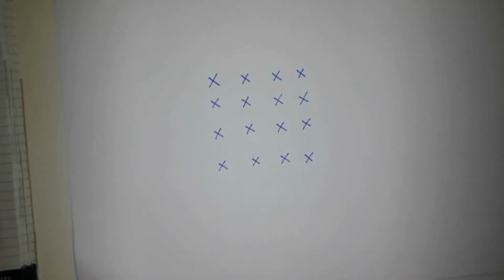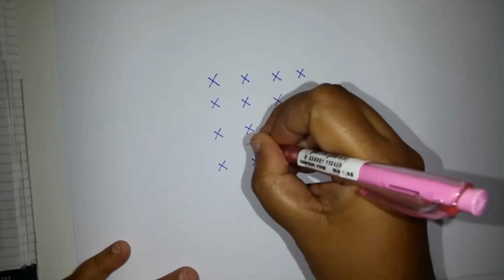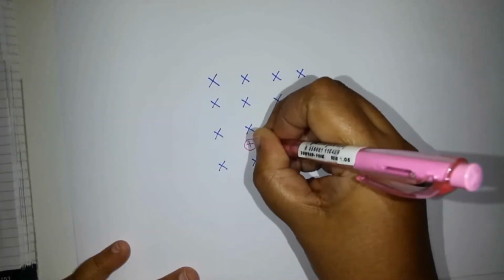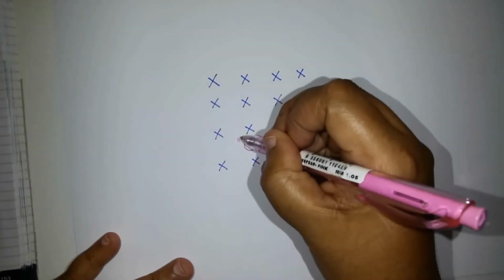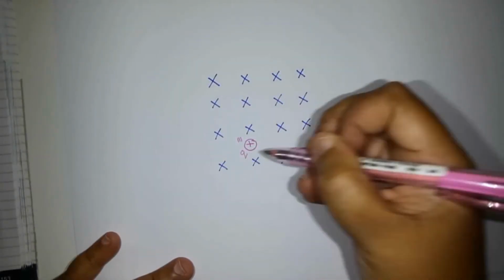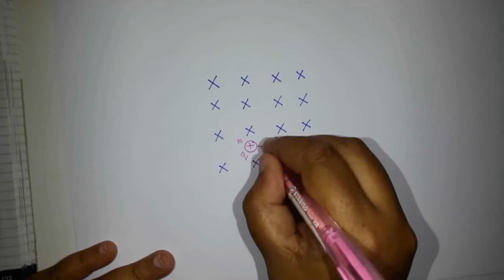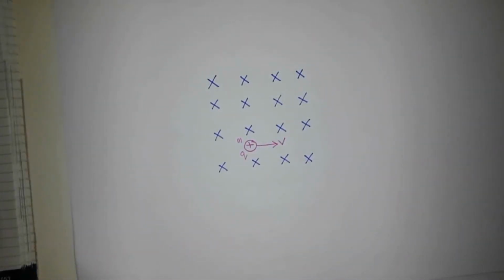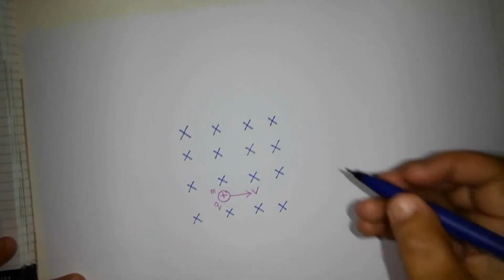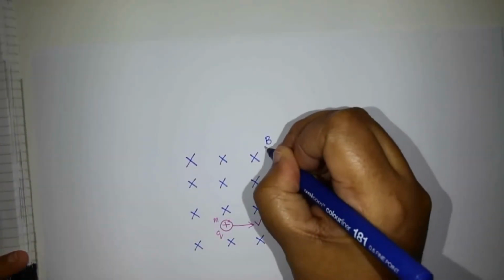Next, I have a positive charge inside the magnetic field, mass m, charge q, moving with a velocity v. The strength of the field is B.